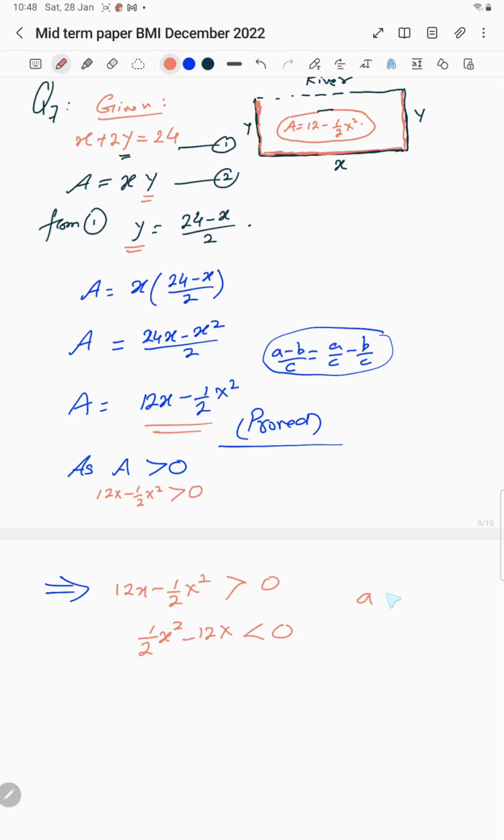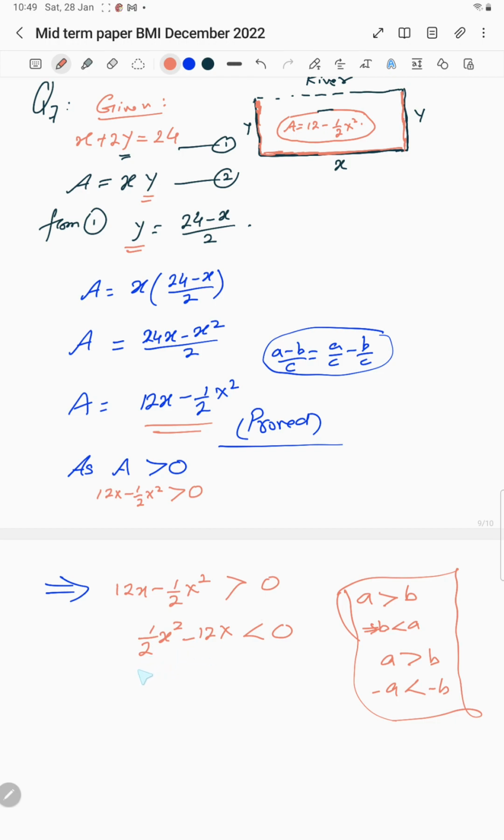The property says if a is bigger than b, then minus a is less than minus b. If you multiply an inequality by any negative number, or divide by a negative number, then change the direction of the inequality. This is a property. Whenever we multiply the inequality with a negative number, we always change its direction.